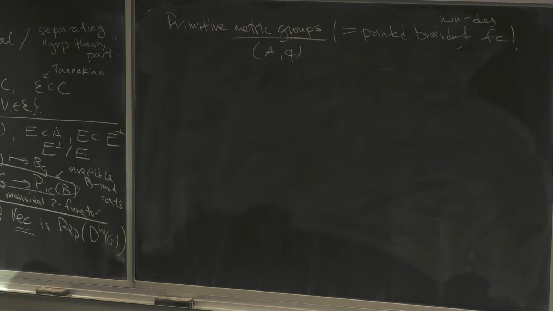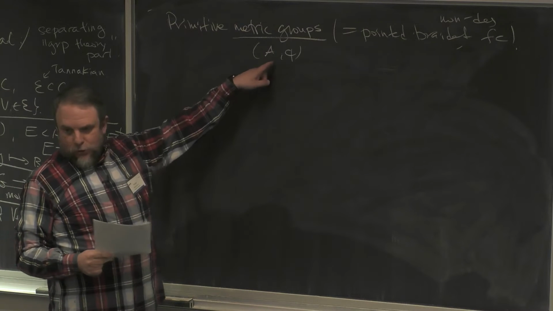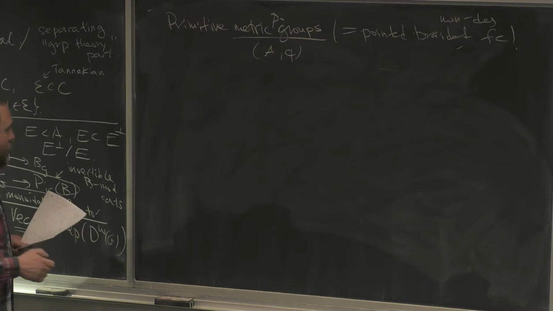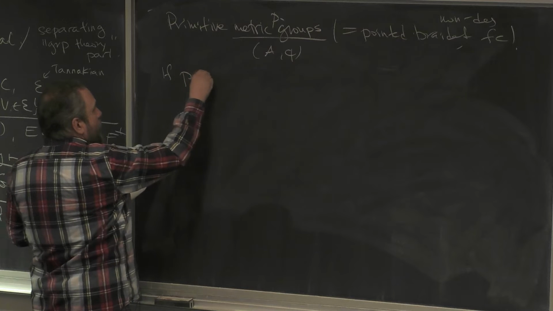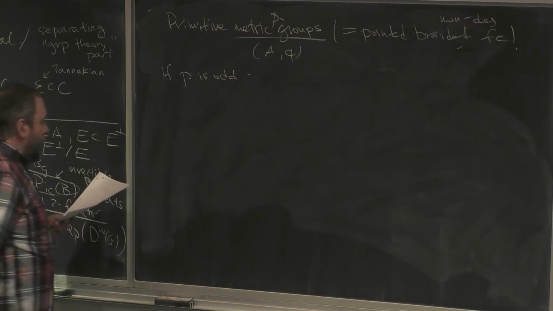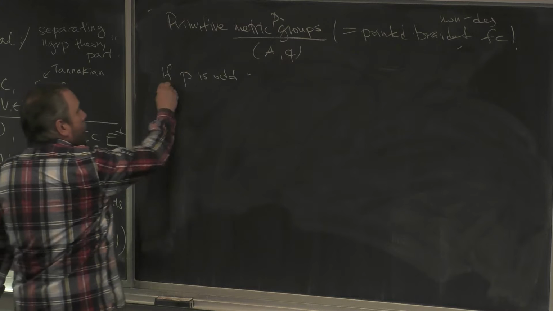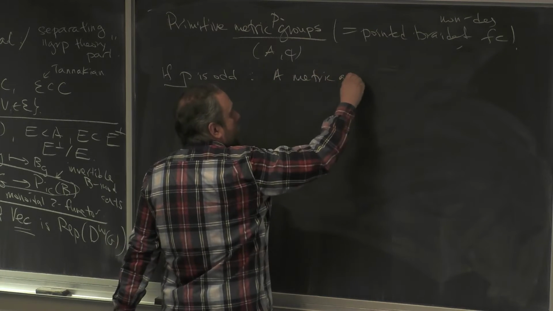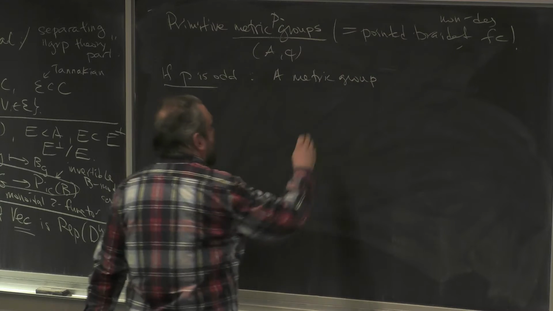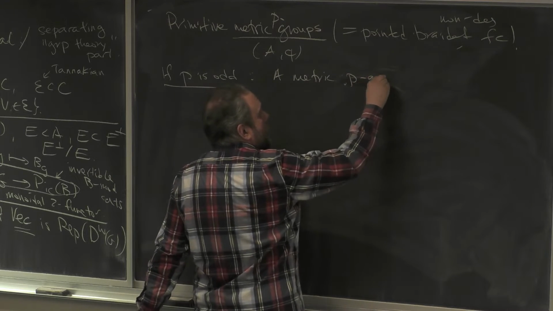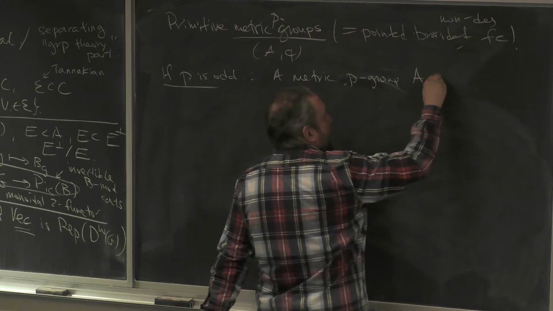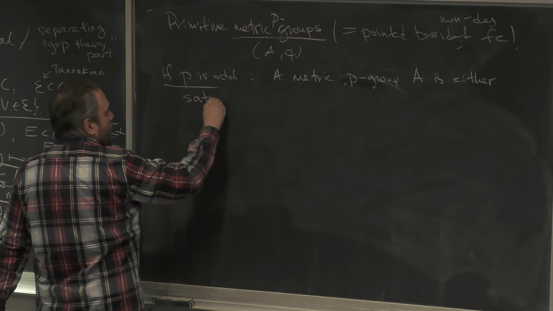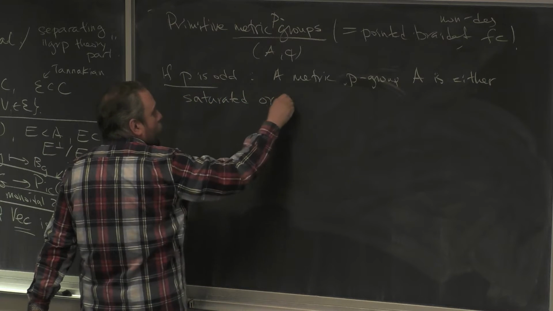Now, because it's nilpotent, it suffices to consider p-groups with this property. As it happens, the situation is easier when p is odd. So if p is odd, then a primitive metric p-group A is either saturated or anisotropic.